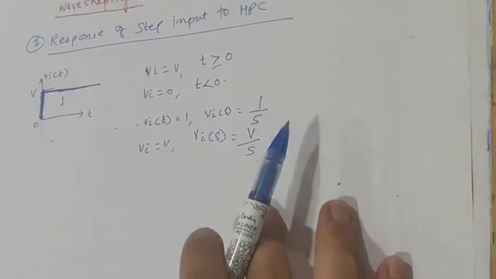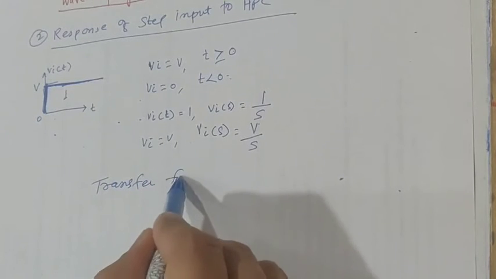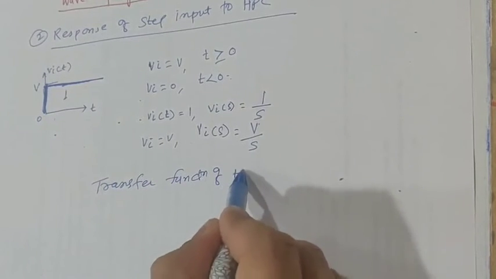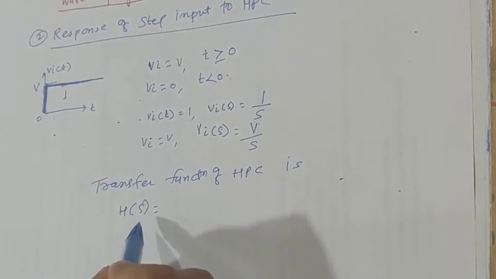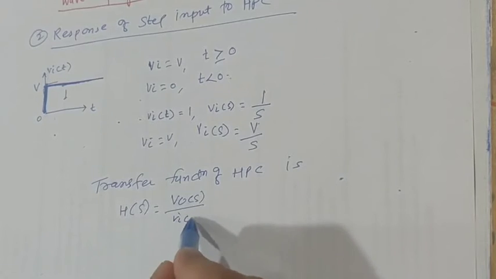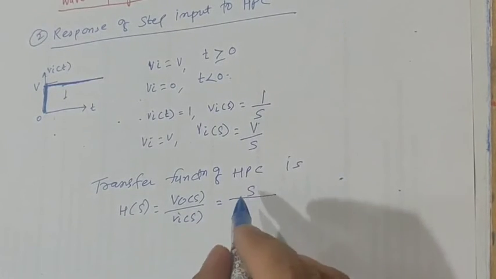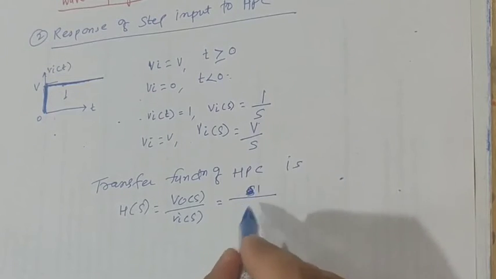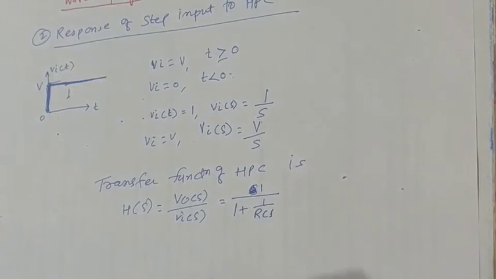Okay, now you know that the transfer function of a high pass circuit is H of s is equal to V0 of s upon Vi of s, which is 1 upon 1 plus 1 by RCS.